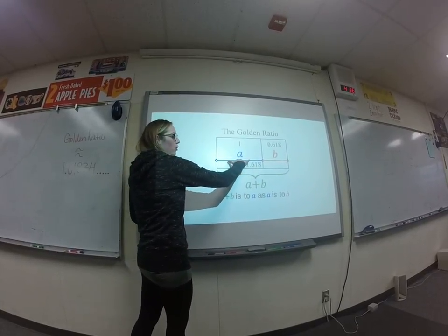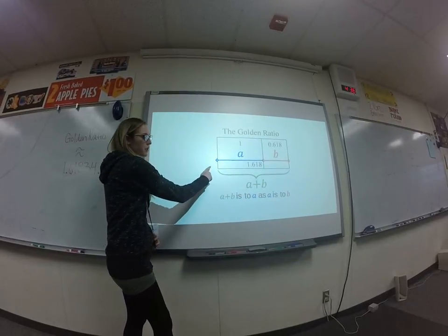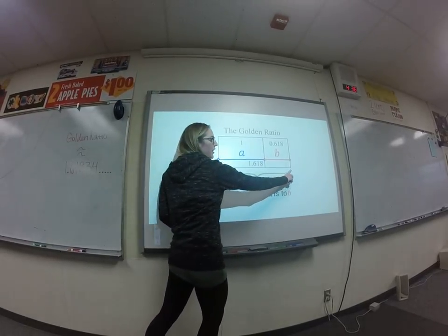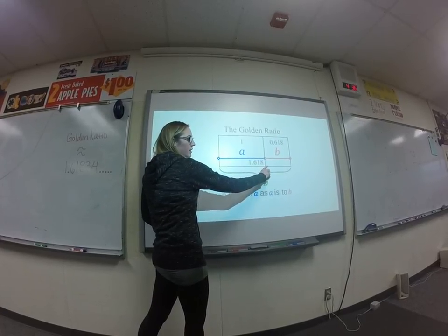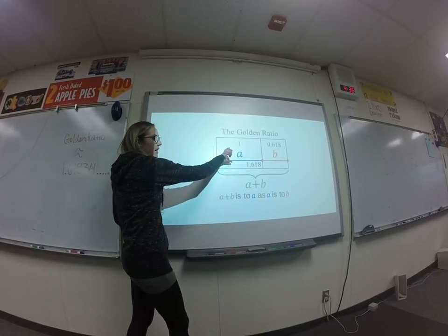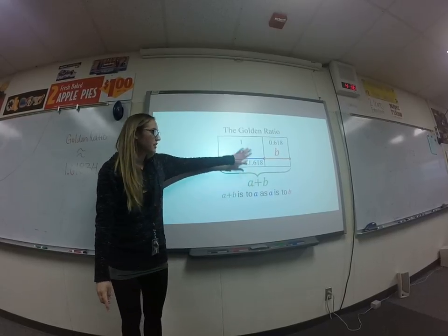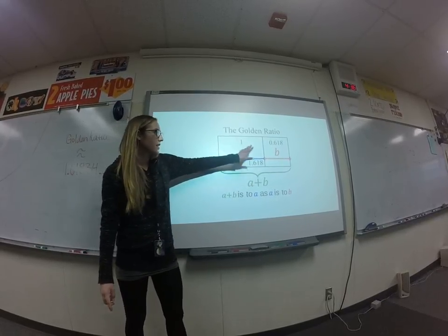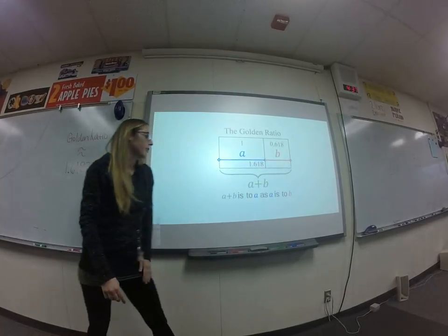So we have the proportion between A and B. We also have the proportion between A and B together, which is the 1.618. So we have the proportion between A and B and A. So A and B is to A as A is to B. All right?